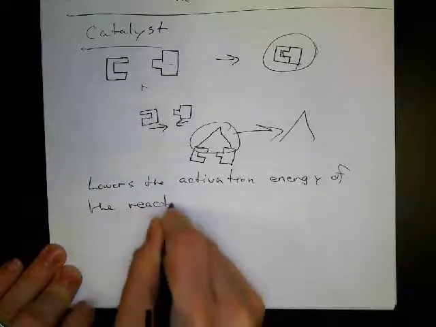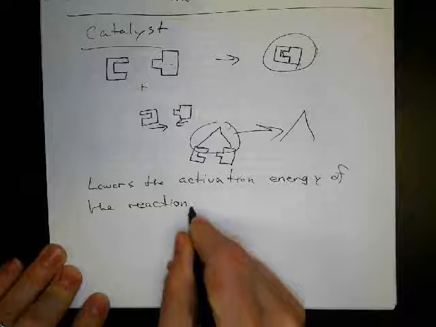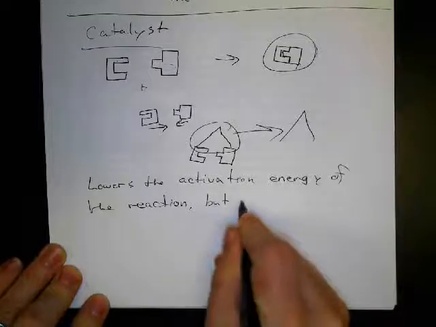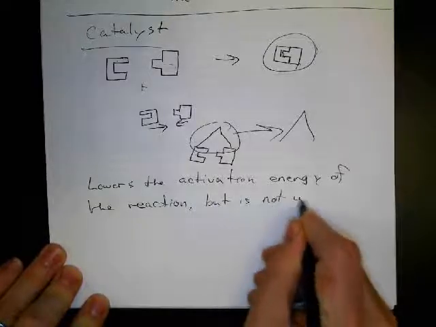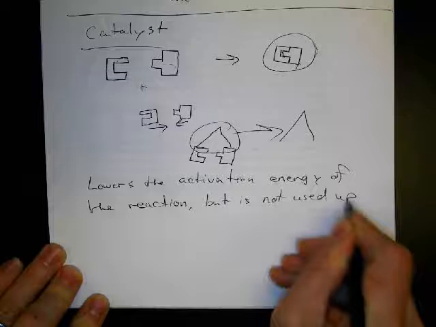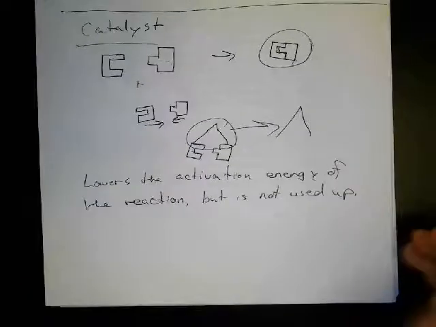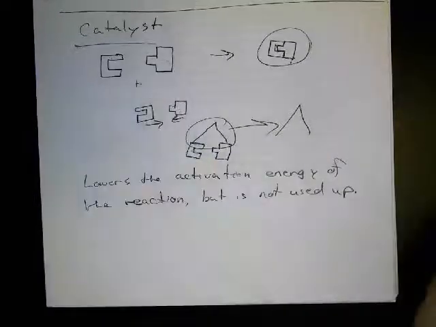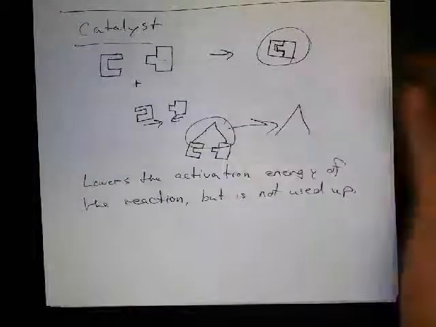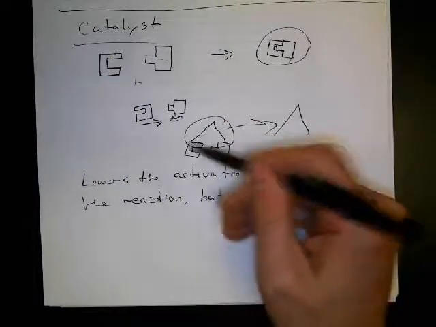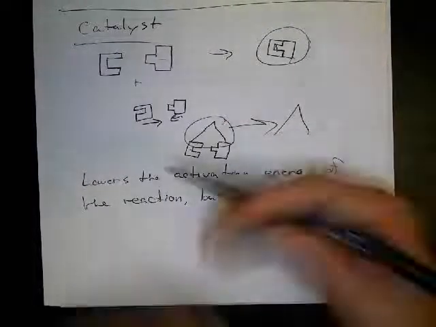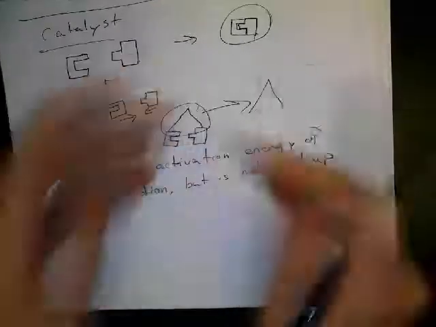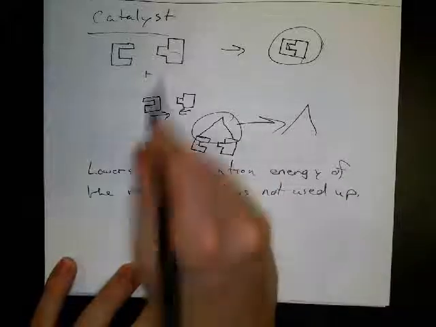But it's not used up. And this is helpful because you're limiting and excess reagents in terms of the participating chemicals, but you need only a very little amount of the catalyst because it never gets used up. It just pushes them together and moves on. It's not changed by the reaction, whereas as soon as these two get together, they're gone. They've turned into something else.